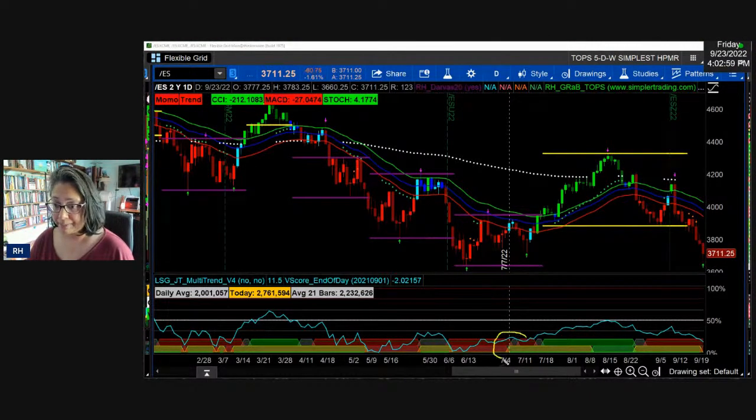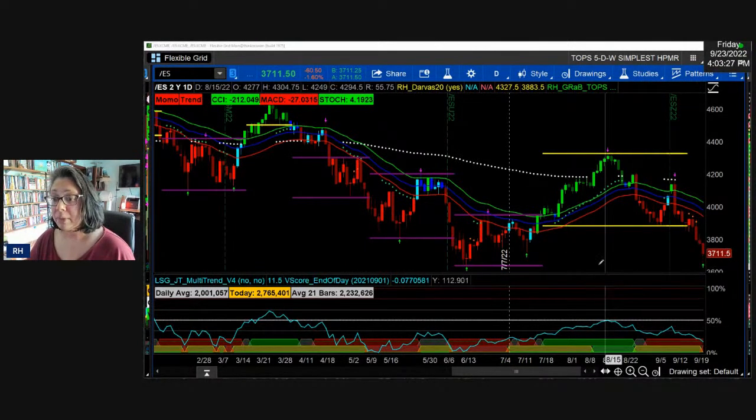Right in here, on the day that I released that video, we started segueing from the red trend, you can see here, to the yellow. That's really important, gang. Keep that in mind. We need to have a neutral trend to start thinking about whether or not we're seeing an opportunity to buy.